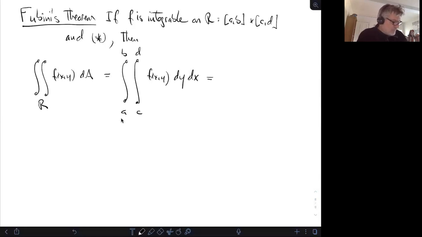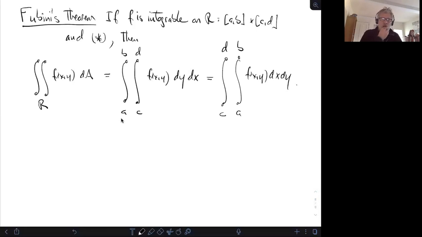So this is the same as the integral c to d, integral a to b, f of x y, dx, dy. So again, Fubini's theorem says, if f satisfies certain conditions, then the double integral that we defined is the same as the iterated integrals in both directions.